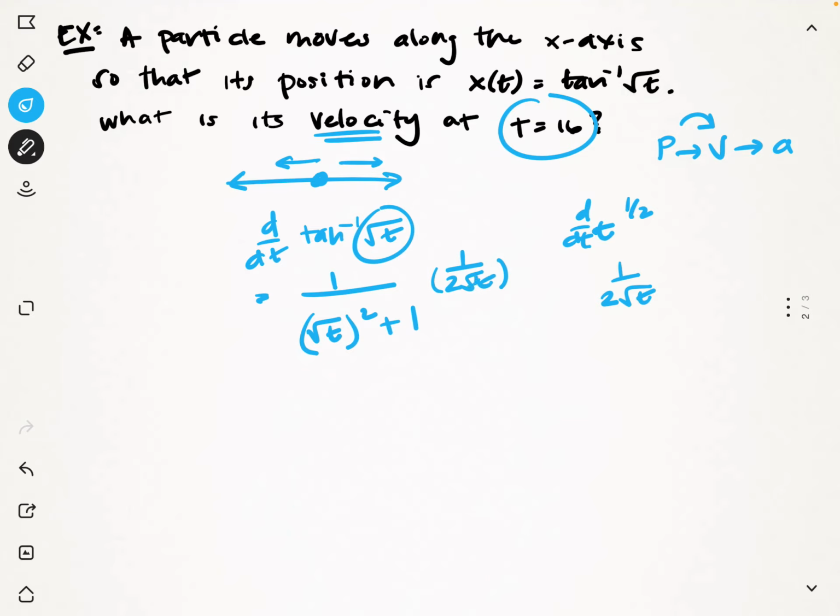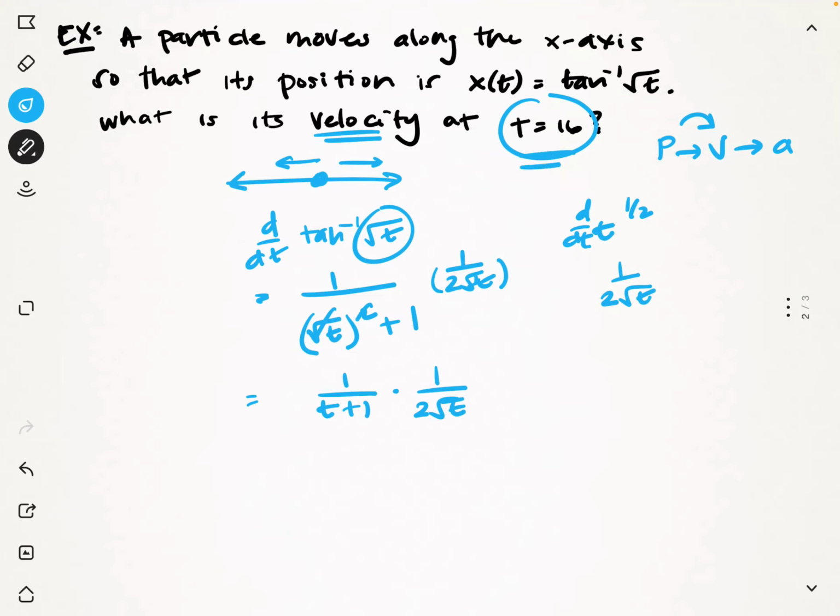Okay, so the nice thing here is that the square and the square root cancel. So we have t plus 1, and then we have times 1 over 2 times square root t. You could probably leave it at this because we're just going to plug in from now, so there's no use in overcomplicating it.